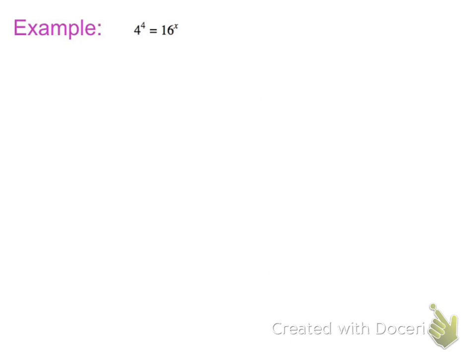So here's our first example. We have 4 to the 4th equals 16 to the x power. And what we want to do again is to think about rewriting it with the same base. So we're going to leave 4 to the 4th alone, and then we're going to use that last example that I just showed you, rewriting 16 as a base of 4. Well, 16 is the same thing as 4 squared, but we cannot forget the x.